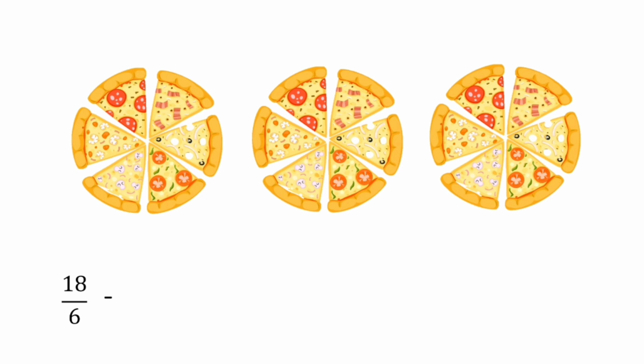So let's count. 1 friend, 2 friends, 3 friends, 4 friends, 5 friends, 6 friends, 7 friends, 8 friends, 9 friends, 10 friends, 11 friends, 12 friends. 12 friends got slices from the 2 whole pizzas. So here we have 12/6.